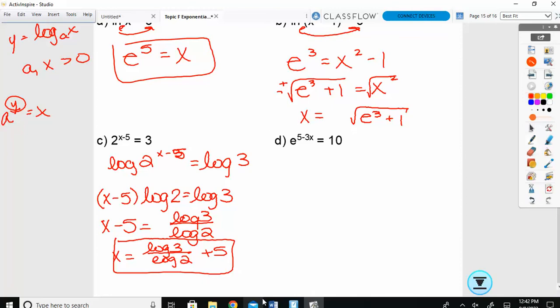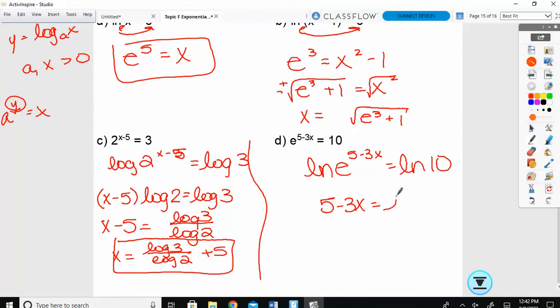D. What would I need to do here? Take a natural log. You could do the regular log, but natural log, anytime the problem has e's in it, we like the natural log. Because what happens if you have a natural log and an e? They cancel each other out. Now, if you kept that natural log b, you're not wrong, it's just not totally simplified.